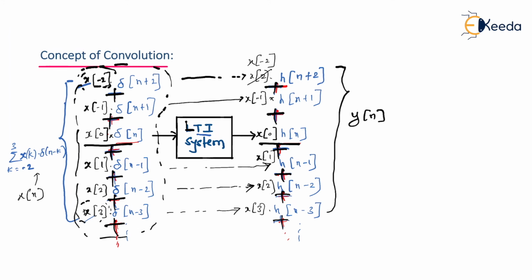So what convolution really says is that if you express your input x of n as a summation of shifted input impulses, then the output can also be expressed as a summation of shifted impulse responses.